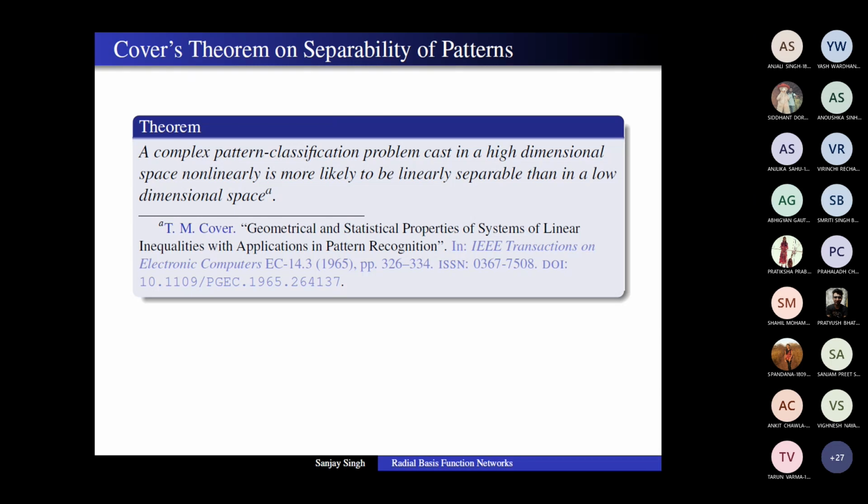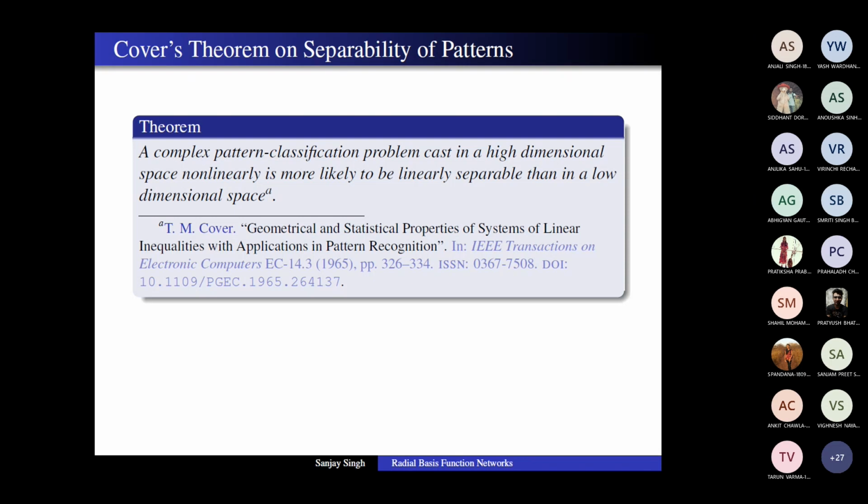So a complex pattern classification problem cast in a high dimensional space non-linearly is more likely to be linearly separable than in a low dimensional space. And this is exactly what was happening.